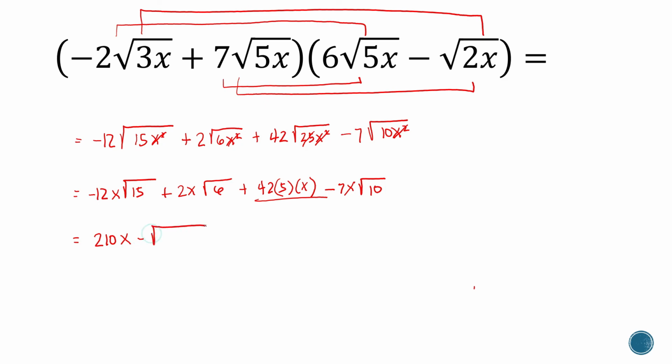Minus 12x square root of 15. That's this one. And then minus, let's have this one, 7x square root of 10. Also this, plus 2x square root of 6.